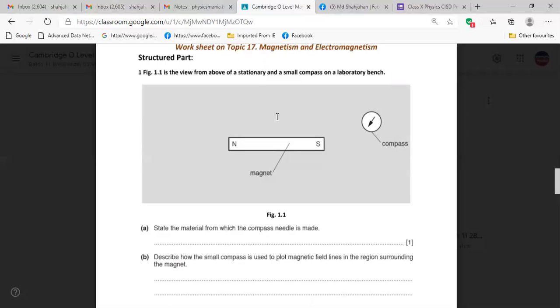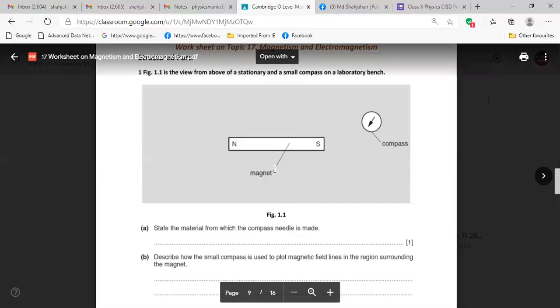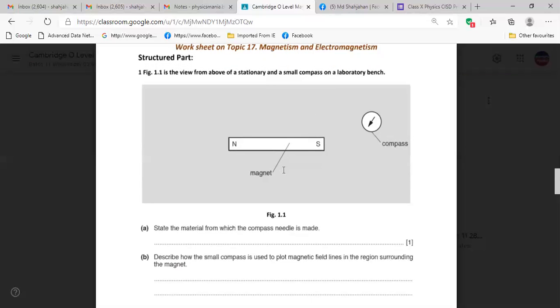Then we place the compass either side in the middle of the magnet, like here. So here we will also do the same thing. And do this process for the South Pole and some other points on the other side of the magnet.